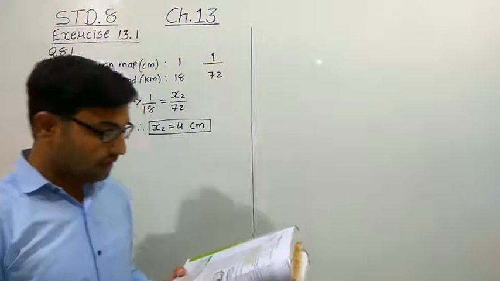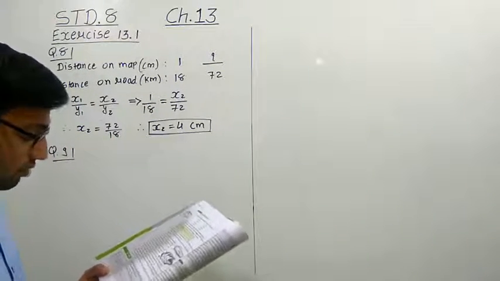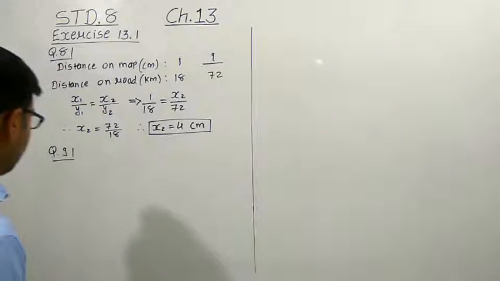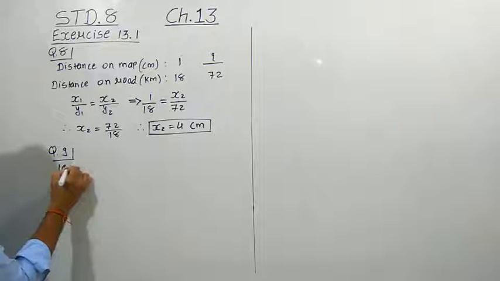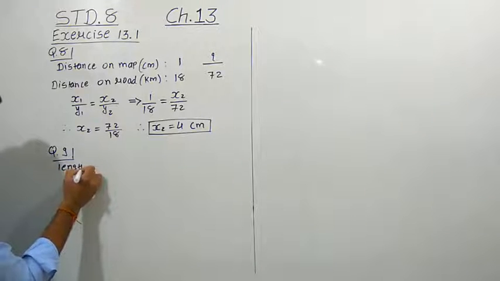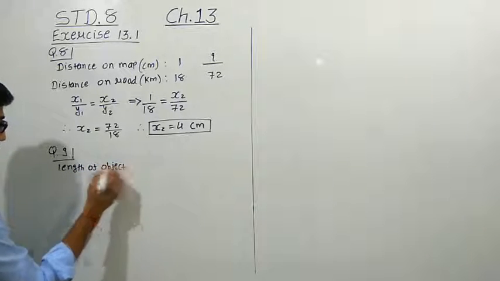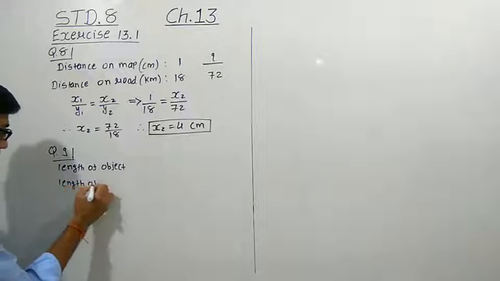Here two quantities are there: the length of the actual object and the length of the shadow. So first quantity, we write down the length of object. Second one is length of shadow.